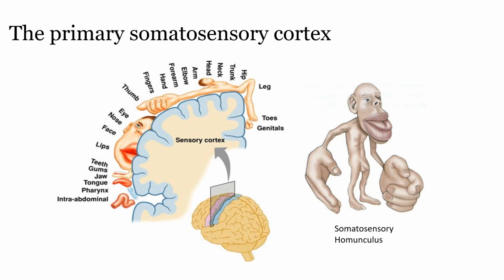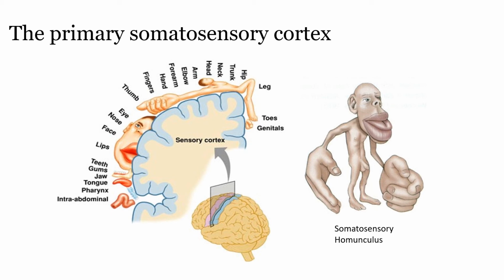It's actually a rendition of the proportions of area within our brain, in particular our primary somatosensory cortex, that are dedicated to specific body parts. What we see when we look at people's brains and which areas are activated when certain parts of the body are being touched is that there are some areas of our body where there's a lot of representation on the brain.